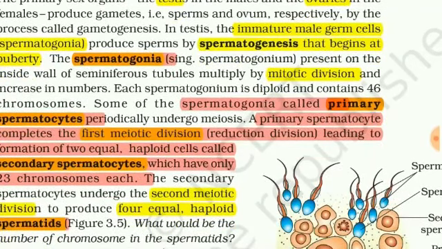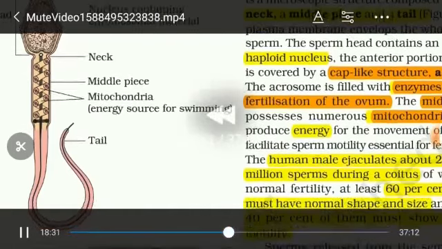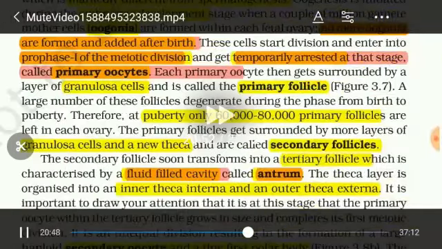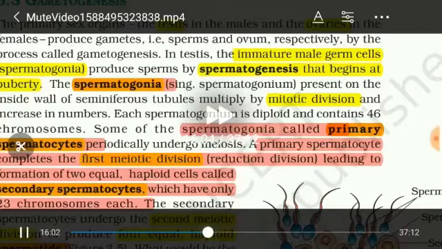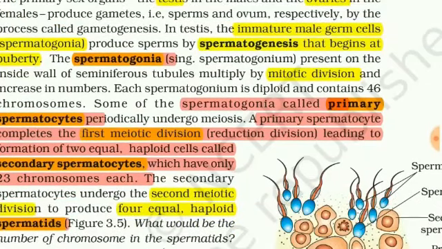The main cell is the spermatogonium. These cells are present inside the testis and are useful for the formation of sperm, that is, spermatozoon.